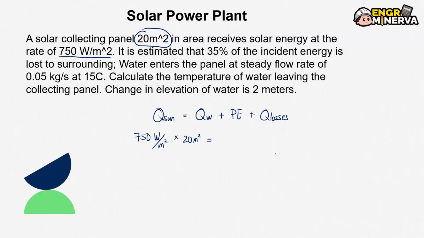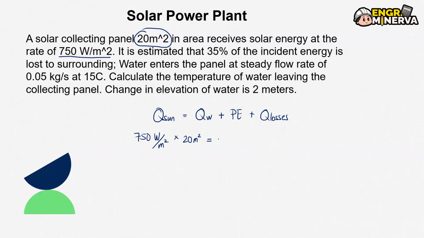Equals your QW. Your QW would be m Cp delta T because that is the heat absorbed by the water. That water will be used later on for heating purposes, or for other systems that require generation of electricity in some places.